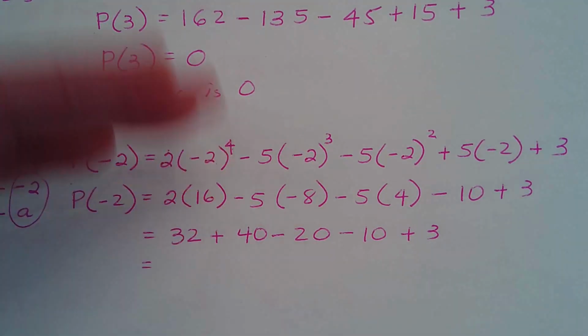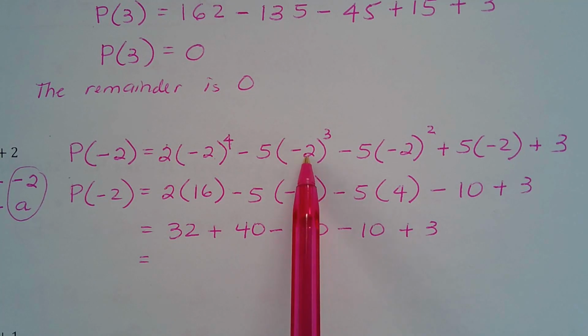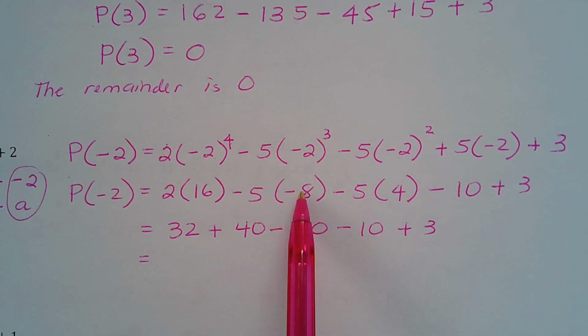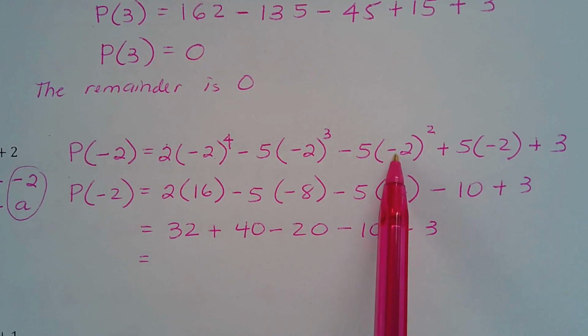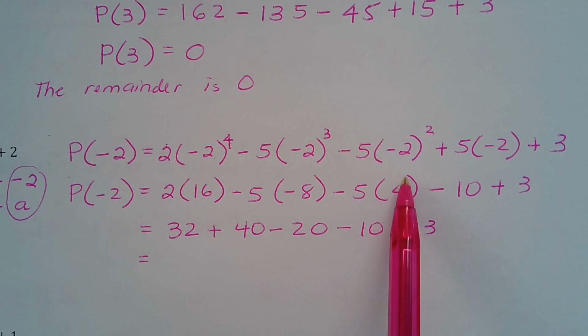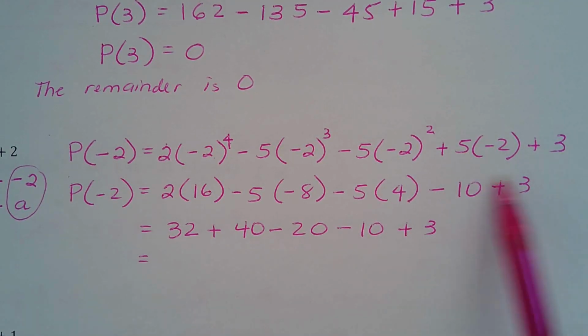And then negative 2 to the power of 3 is negative 8. Negative 2 to the power of 2 is 4. And then negative 2, that's it.